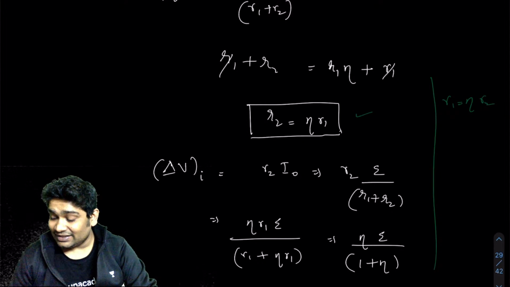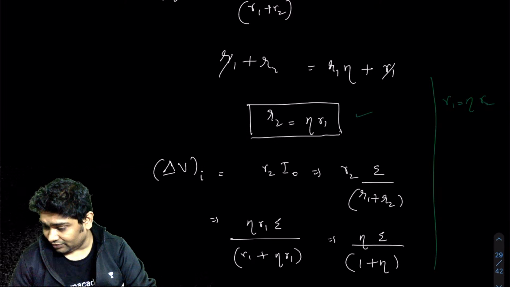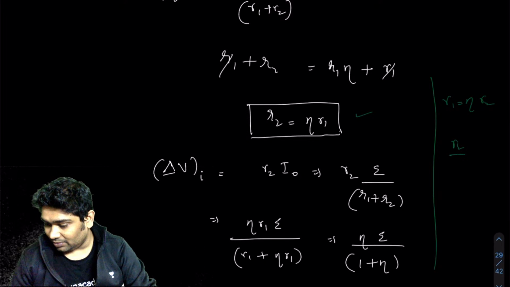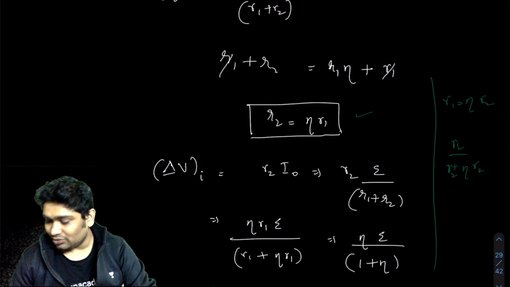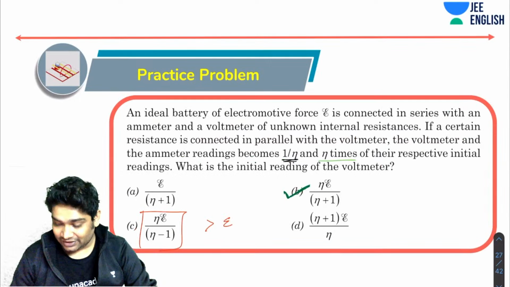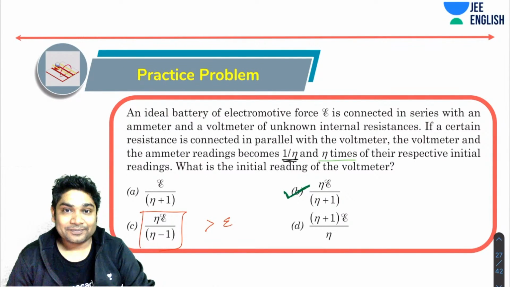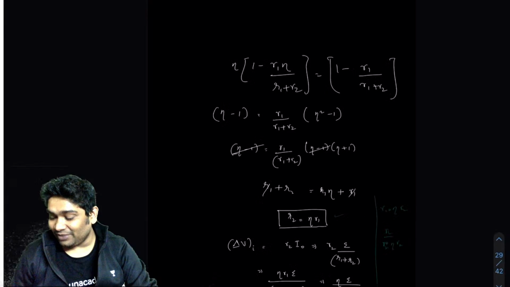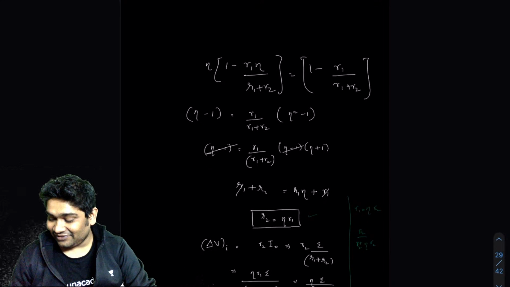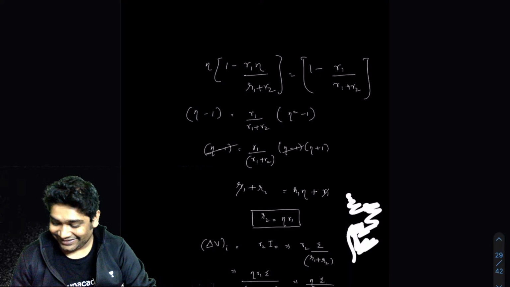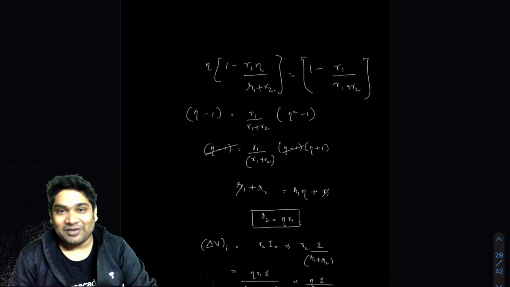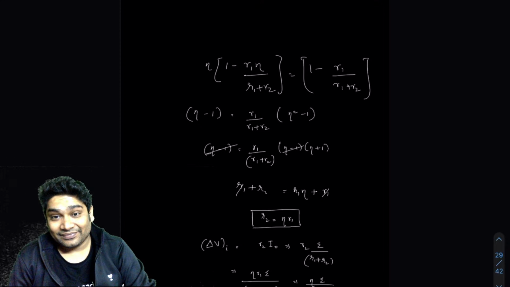And if that is the thing, then you would have had R2 over R2 plus eta R2. So yes, you are absolutely right. Then I would have had option A. Absolutely correct. I can see that from here also. All you need to do is replace eta by 1 by eta, and that's it.